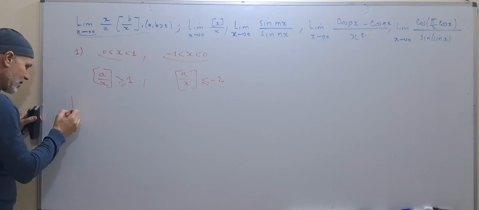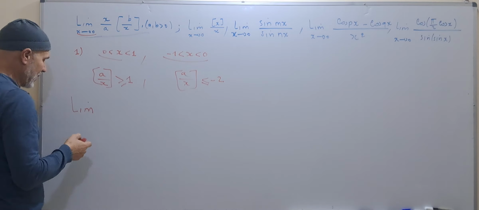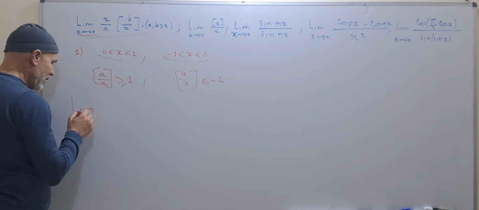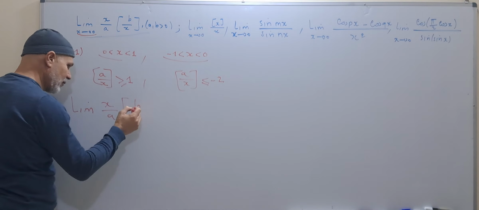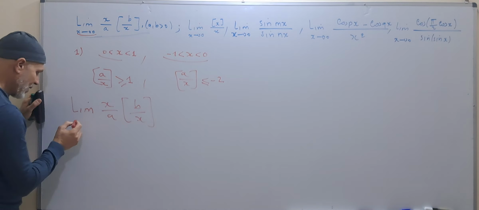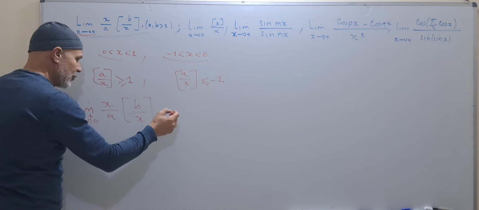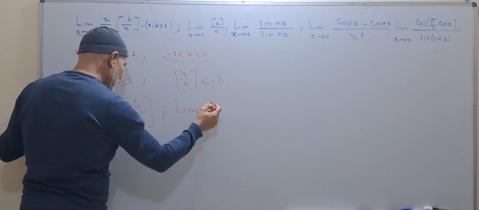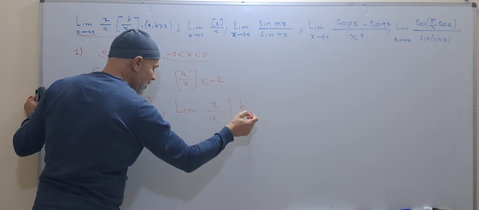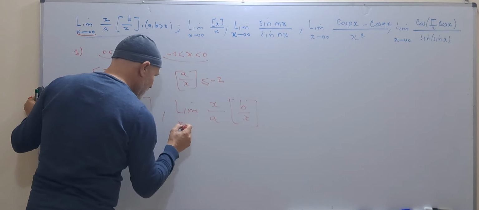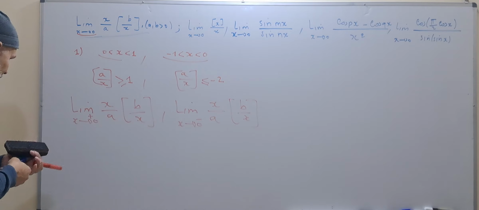Secondly, let us calculate the limit from the right and from the left. In this case, we calculate the limit of x divided by a times the integer part of b divided by x, when x goes to 0 from the right.